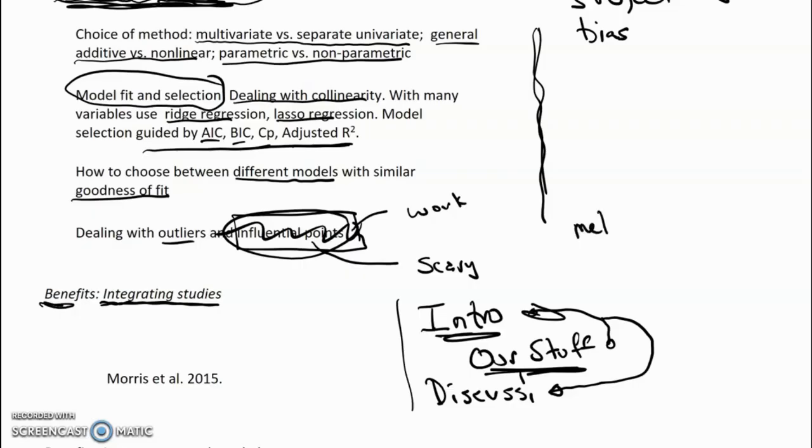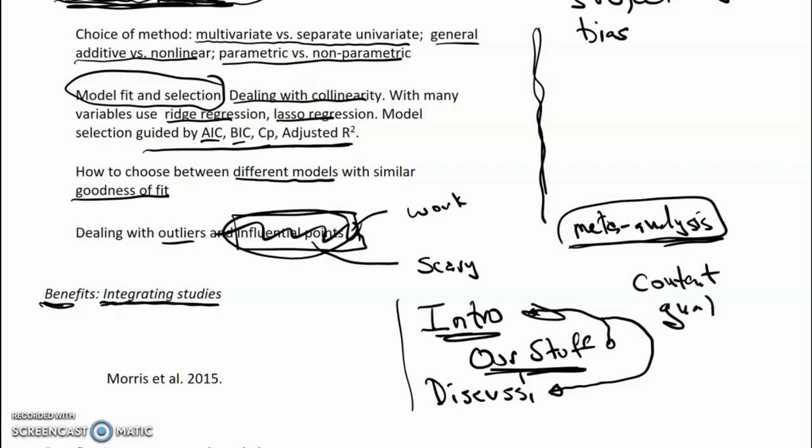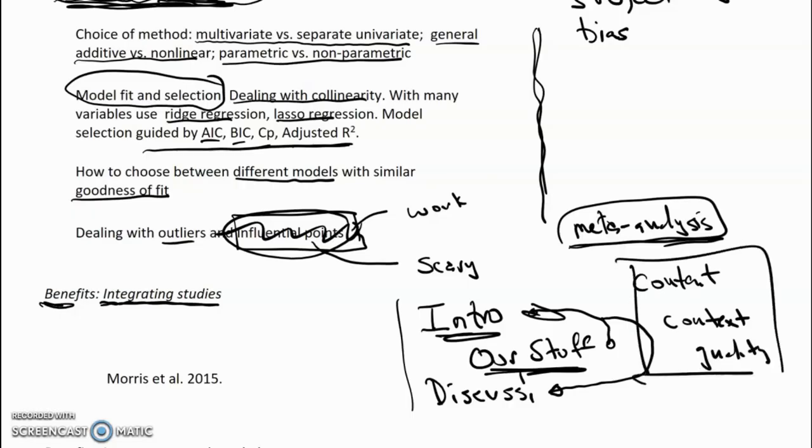Well, one way to do that is meta-analysis, and Bayesian analysis has been used quite effectively for meta-analysis. My sense, however, is that for environmental or ecological studies, meta-analysis oftentimes isn't going to work because there's heterogeneity in content, context, and quality among the different studies.